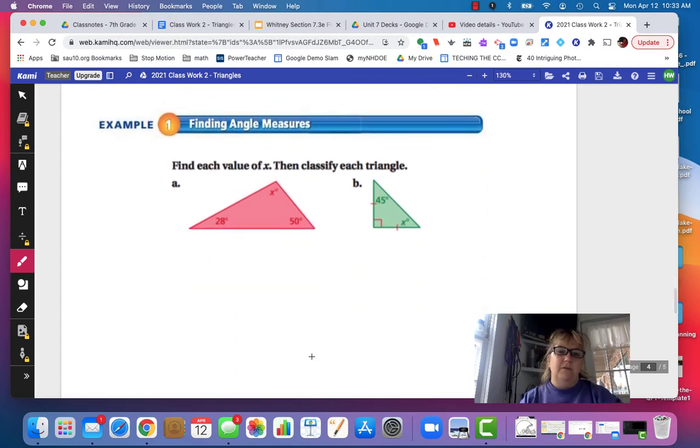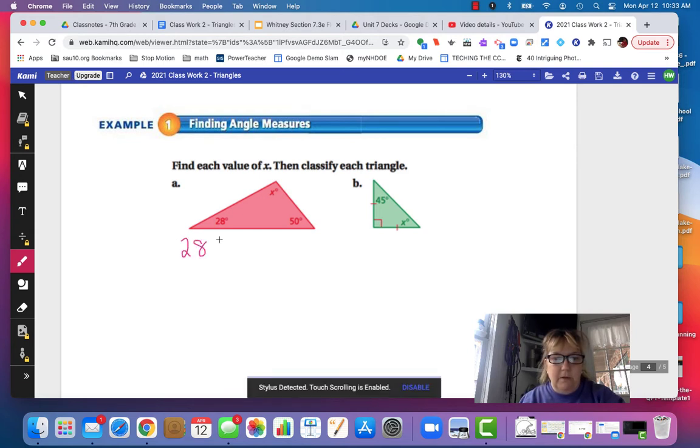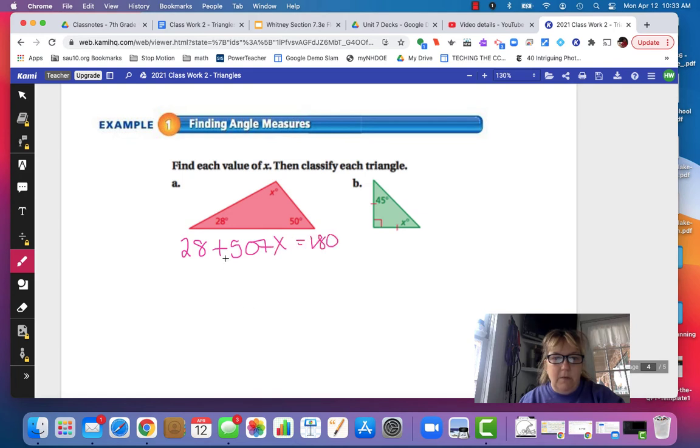Example 1 says to find the value of x, then classify each triangle. You did this a little bit on the pretest. You just had to find out what the angle measurement was, but not classify the triangle. So we would take the sum of the interior angles. 28 plus 50 plus x is equal to 180. I'm going to combine like terms, and I get 78 plus x is equal to 180.